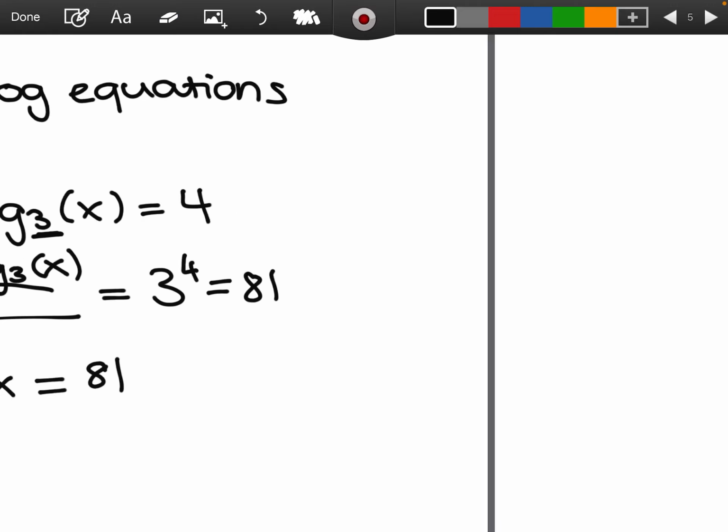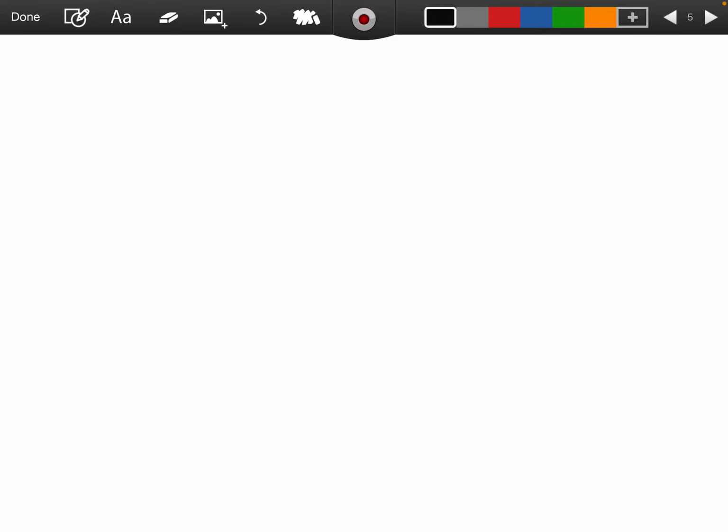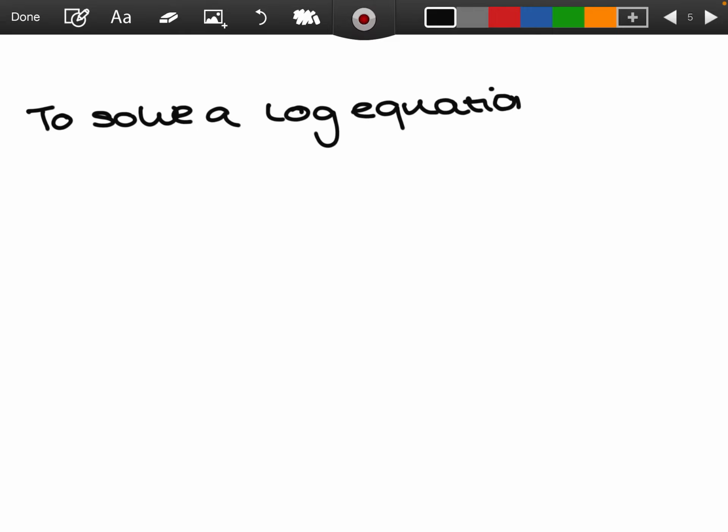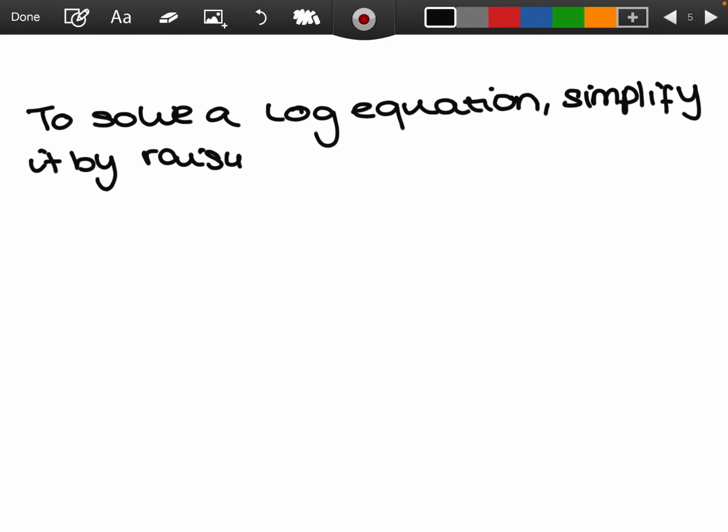So whenever you get a log equation, what I want you to do is to actually raise both sides to the base power. So to solve a log equation, simplify it by raising both sides to the base power.